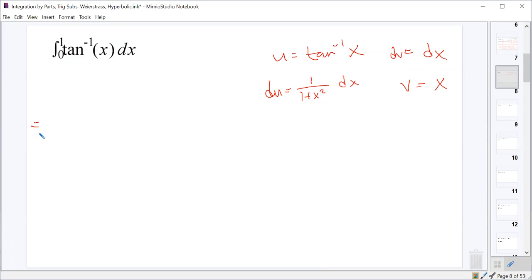So this integral should be u times v, x inverse tangent x, minus the integral of what? V du, x over 1 plus x squared dx. And what do we have to do with the things inside of here? This one's got to be evaluated from 0 to 1. And this has got to have limits from 0 to 1 for the integral, right? Because this is our original definite integral from 0 to 1. Good or no?